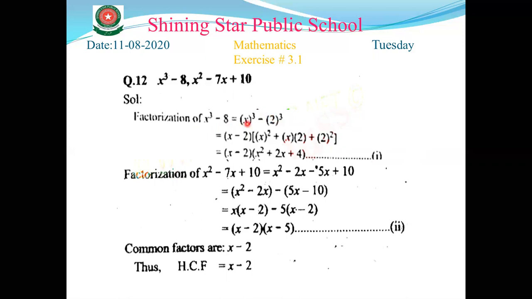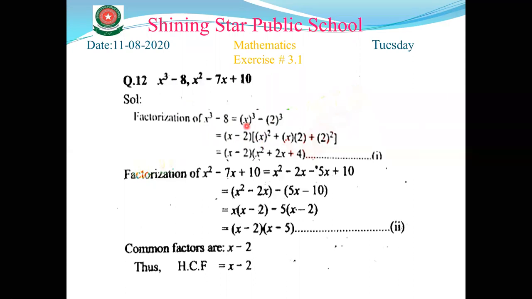Now a cube minus b cube, and we also know that a cube minus b cube is equal to a minus b, a square plus ab plus b square. So here a is x, b is 2. So that's why we write x minus 2, meaning a minus b.